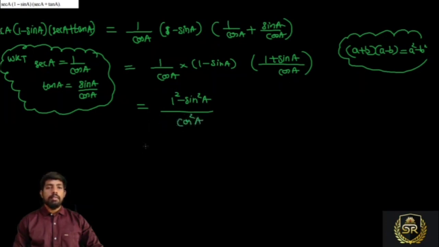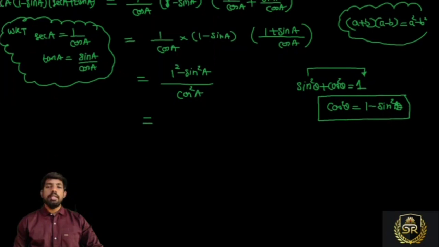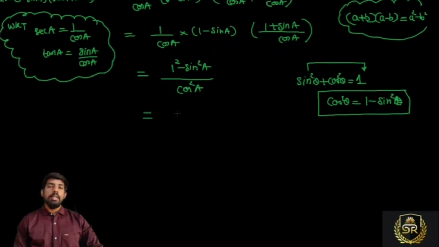Right, cos square a. And we know the identity sin square theta plus cos square theta is equal to 1. Bring the sin square to the right hand side. So cos square theta is equal to 1 minus sin square theta, right? So in the place of 1 minus sin square a, can I write cos square? So I am writing here cos square a by cos square a.